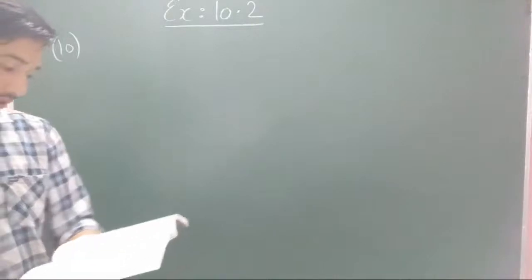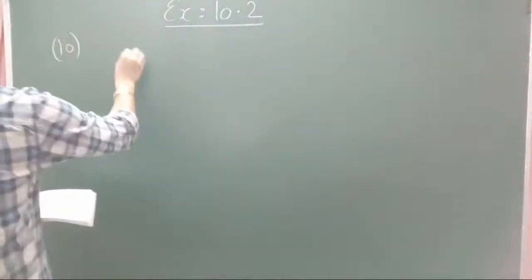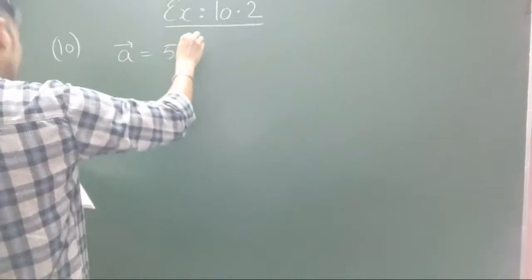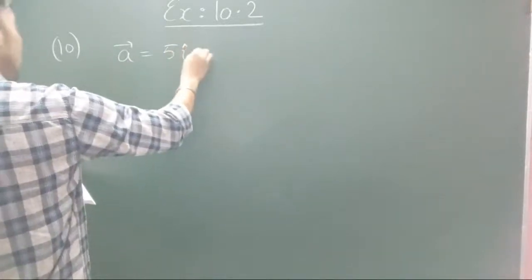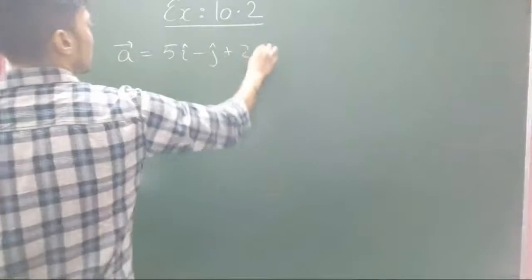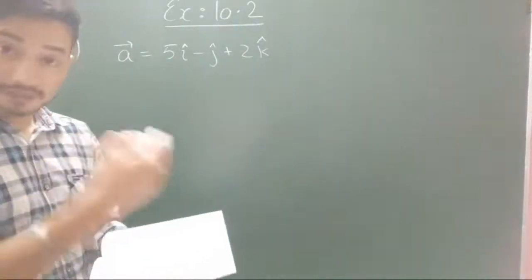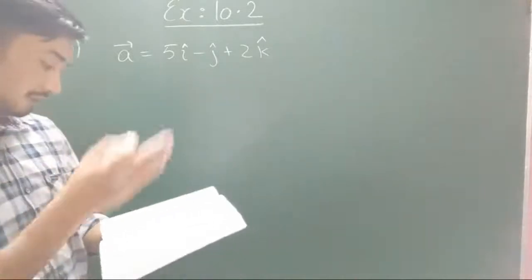Find a vector in the direction of the given vector. Let's name the vector 5i cap minus j plus 2k. Find a vector in the same direction as this given vector, which has a magnitude of 8 units.